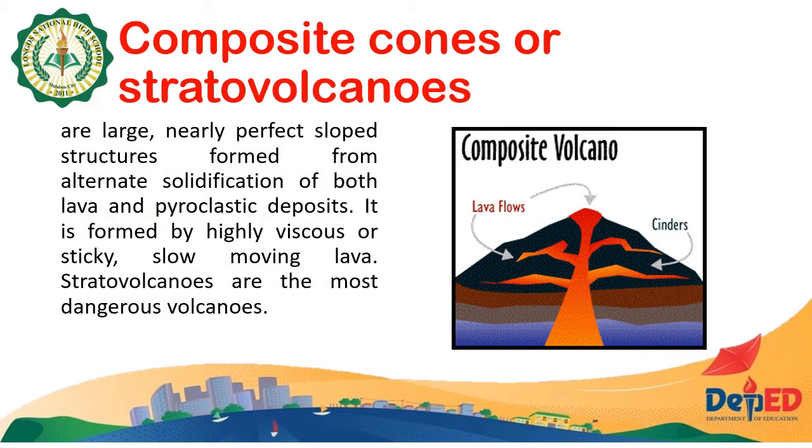Composite cones, or stratovolcanoes, are large, nearly symmetrical sloped structures formed from the alternate solidification of both lava and pyroclastic deposits. They are formed by highly viscous, or sticky, slow-moving lava. Stratovolcanoes are the most dangerous volcanoes.